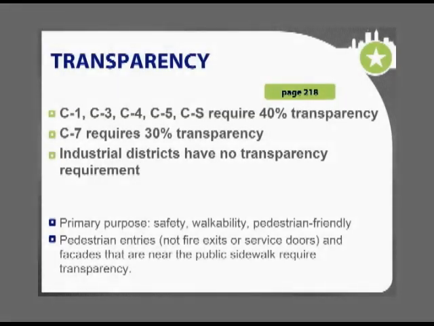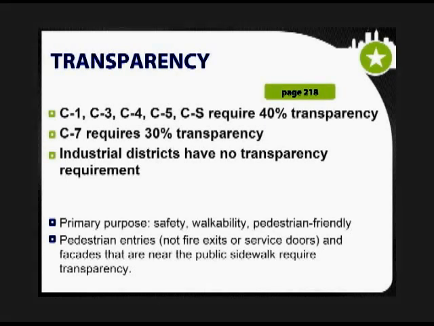We went through the five districts in the commercial districts. The first 5, well, they're not even the basic because we got CS thrown in there. 5 of them have 40% transparency, but the C7, which is for the bigger stuff, it only needs 30% transparency.